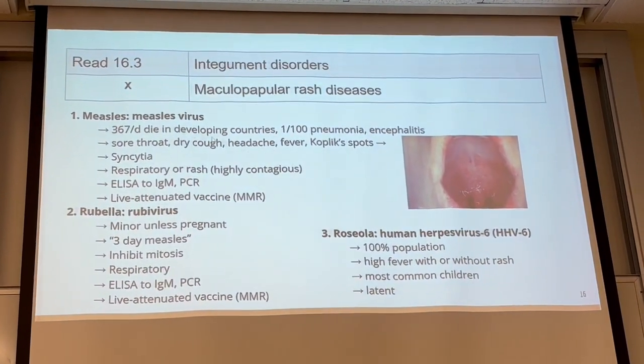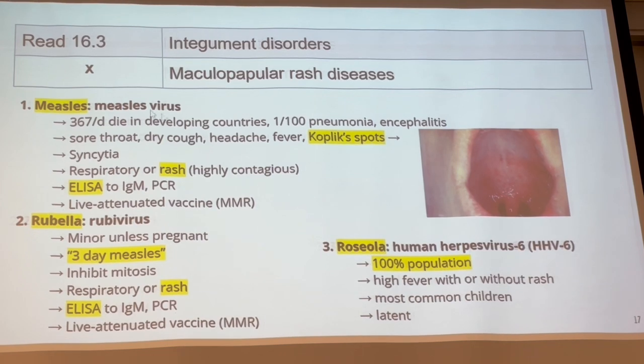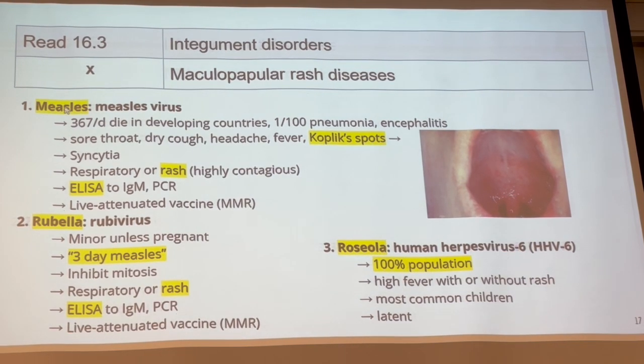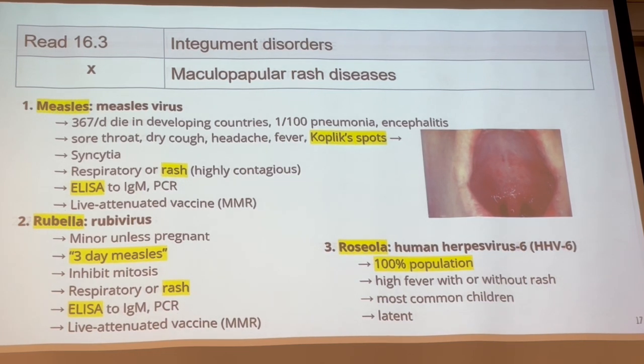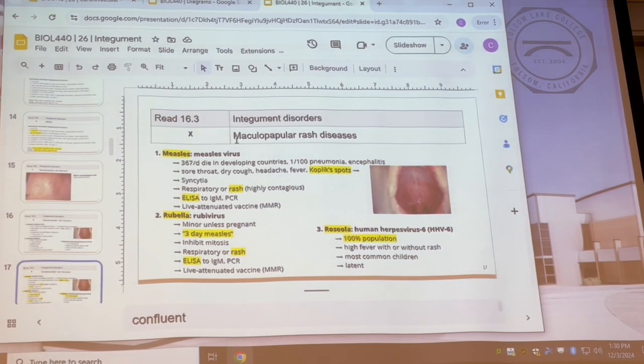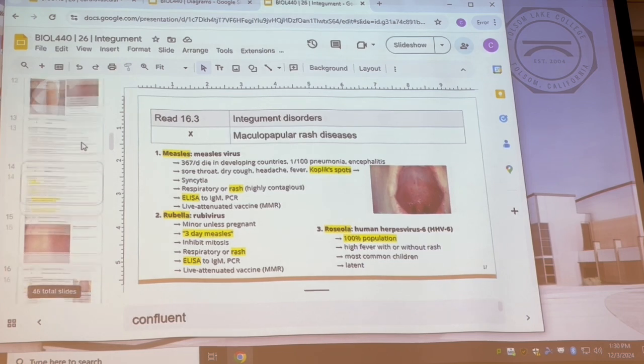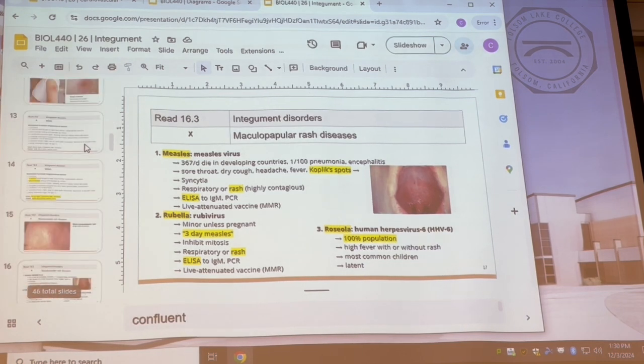So here was measles. Here's what you had to know for measles. Measles is the organism; it's also called measles virus. Let's start with number 1. Number 1 was a vesicular rash. Let me show you what that looks like.